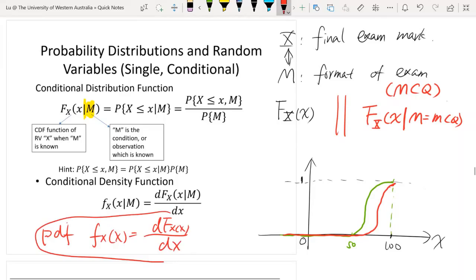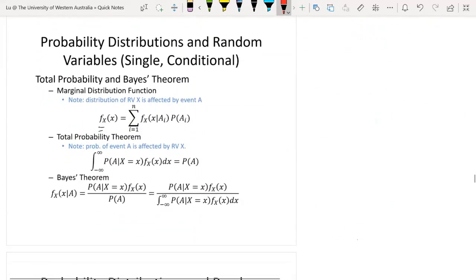Such a relationship is reused here to derive the conditional density function from the conditional distribution function. So I don't want to spend time introducing the details again, as we have already known that. Okay, let's move on to the next slide.